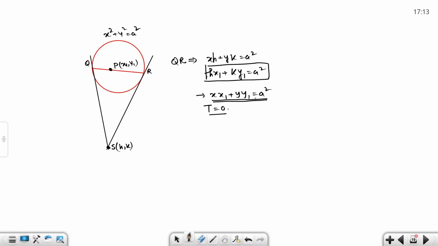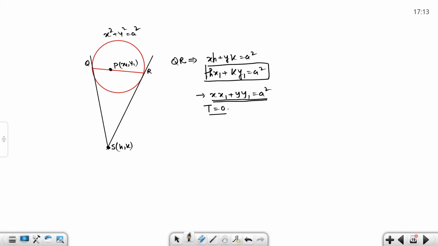But in that case, your x1, y1 lies outside the circle, right? In this case, don't say that this is the equation of a chord of contact. No, this is the equation of a line. This line has no particular name, but it's a line. But see, in this case also the equation of the polar is still T equals to 0. Are you getting my point?